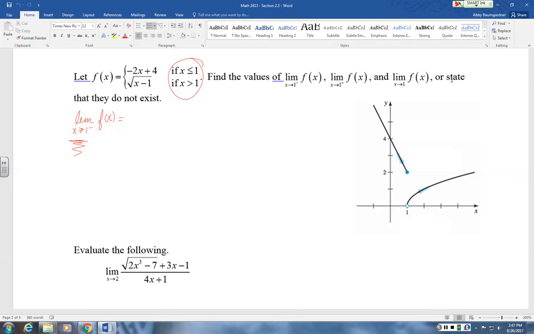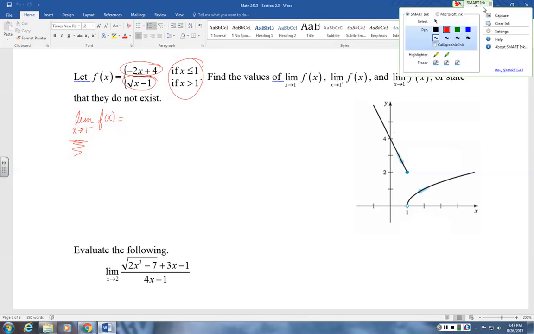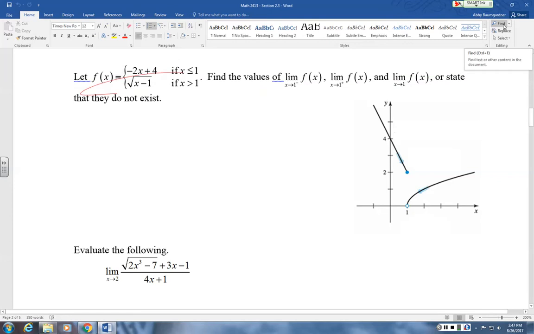So for example, negative 32, that is to the left of 1. Which one of these equations should I use if I'm trying to evaluate f of x at x equals negative 32?